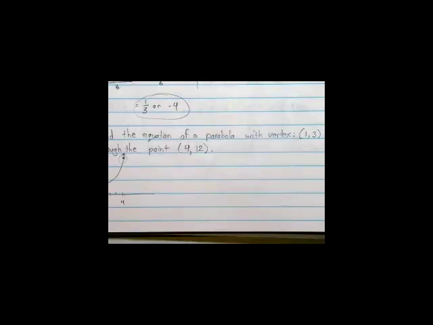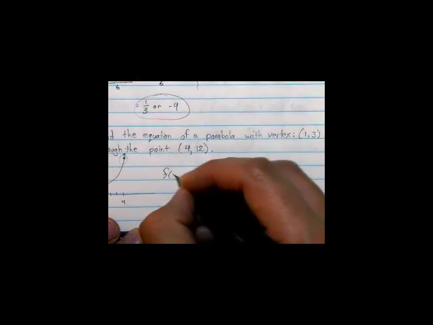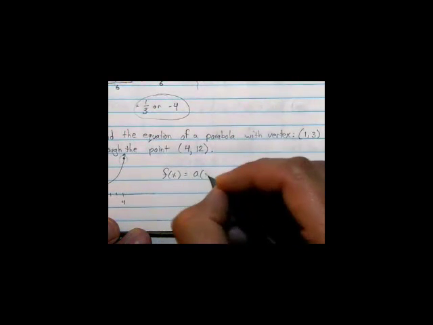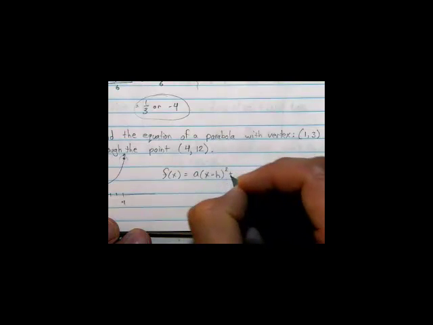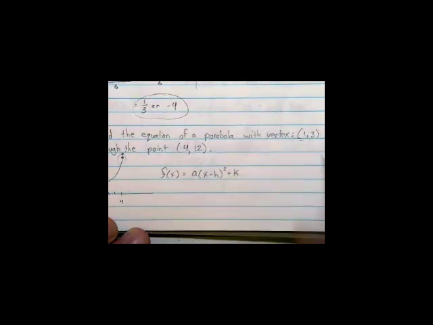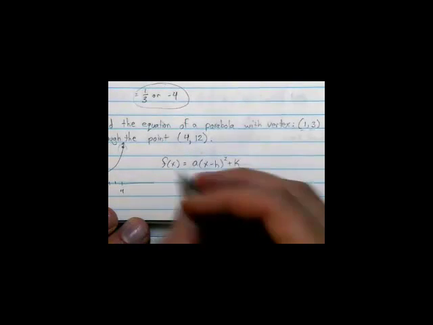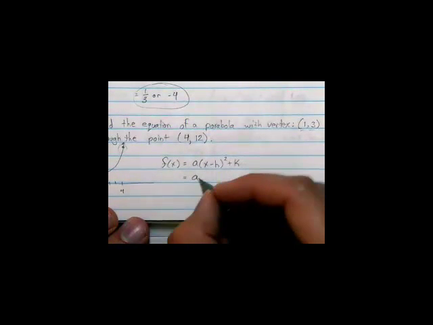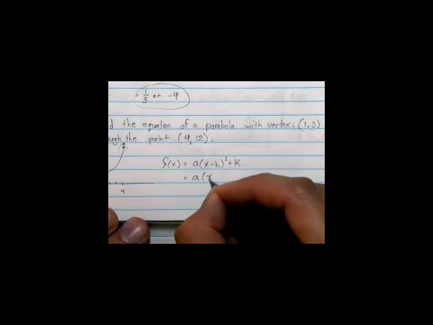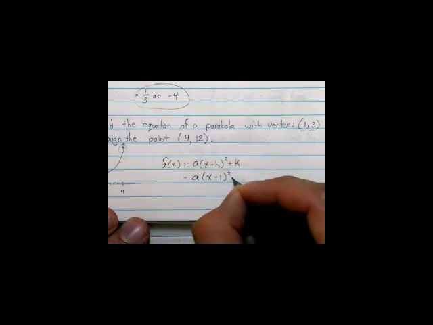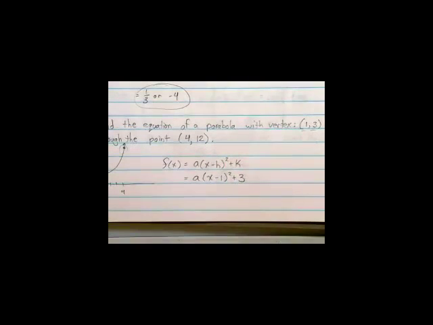Yeah, if we start in vertex form, and just plug in our h and our k, we're already most of the way there. So we have a times x minus 1 squared plus 3. Now, we have this other point, 4, 12, that we can still use.